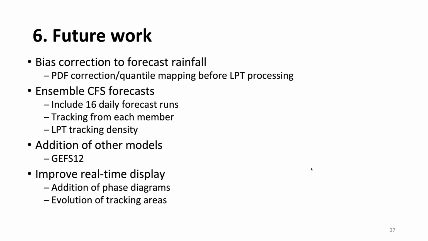The second thing is, we have been using just one single member forecast for this. The CFS produces 16 daily forecast runs each day, so we can use that with a 16 member ensemble.